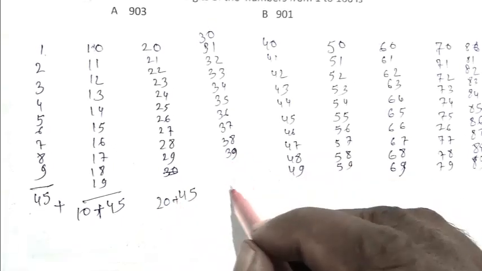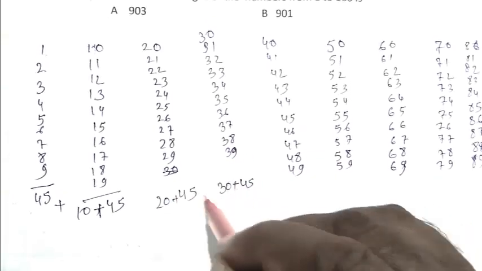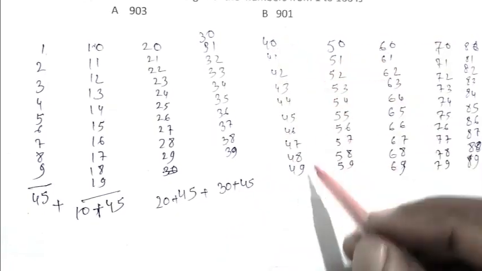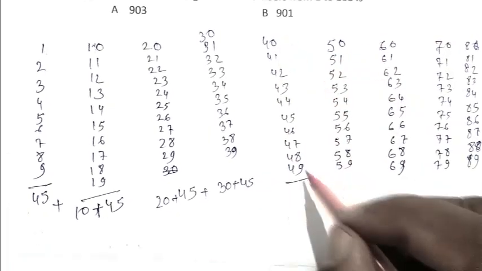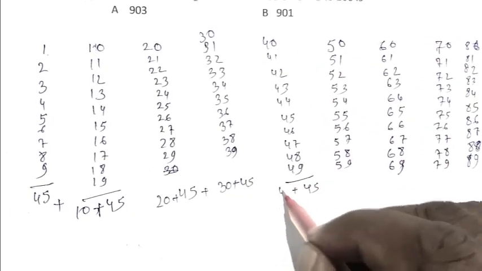Similarly, if we add, we get 45, and here 30. From 40 to 49, we get unit place sum 45, and here 40.